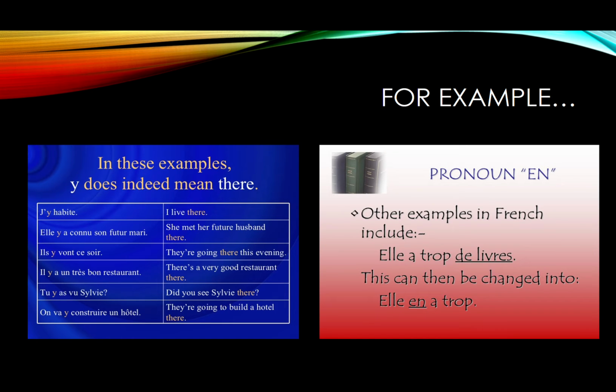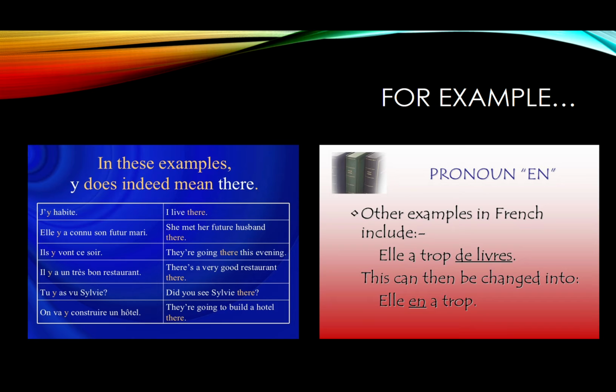And then I have these pictures as examples. You don't have to read them all, but I'm just going to go over the general form. J'y habite would be I live there.